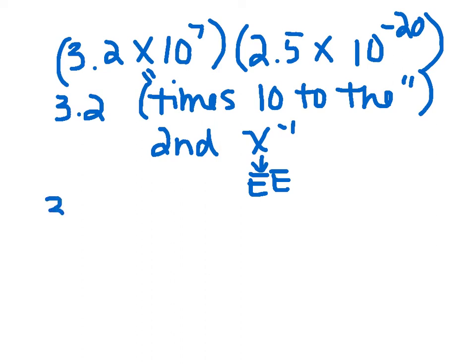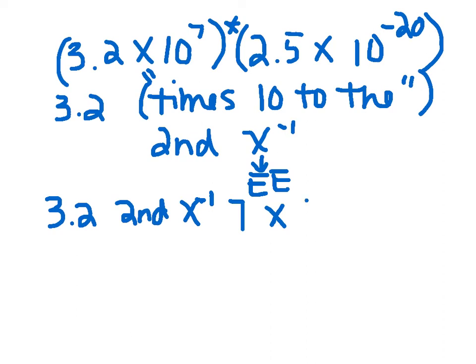So we do 3.2, second, x to the negative 1, and that means times 10 to the, and we are trying to raise it to the 7th power. Now we press the multiplication button, because this is where we are here. We're multiplying that times 2.5, second, x to the negative 1.